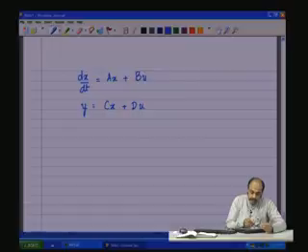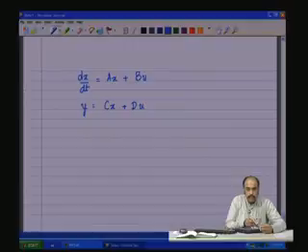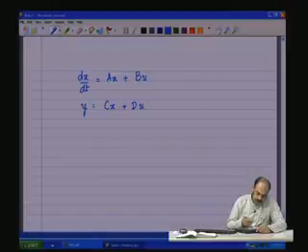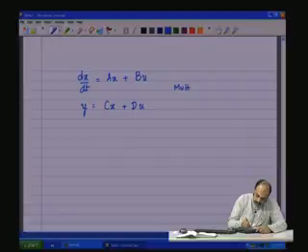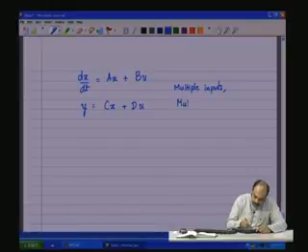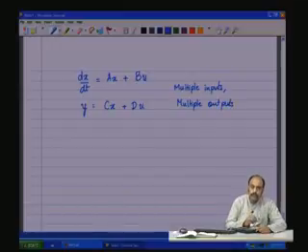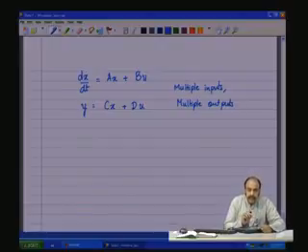So, if there are more than one state, x is a vector, A is a matrix, y can also be a vector, and u can also be a vector for multiple inputs. So, this is valid for multiple inputs, multiple outputs, and for any number of states of the system, and for the case of the transfer function it is valid only for single input, single output.